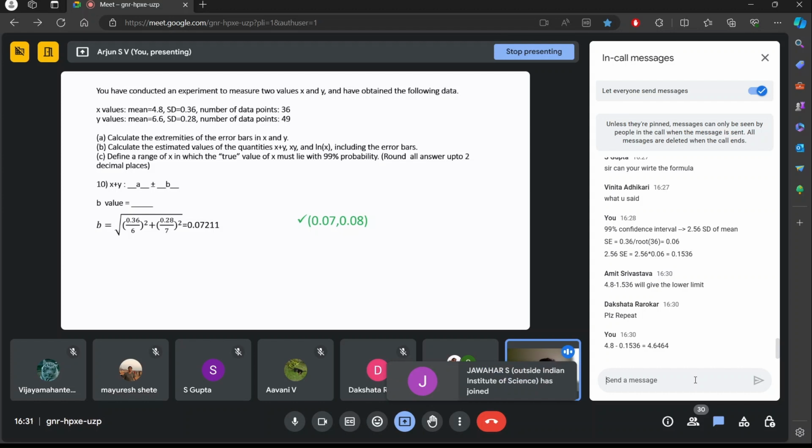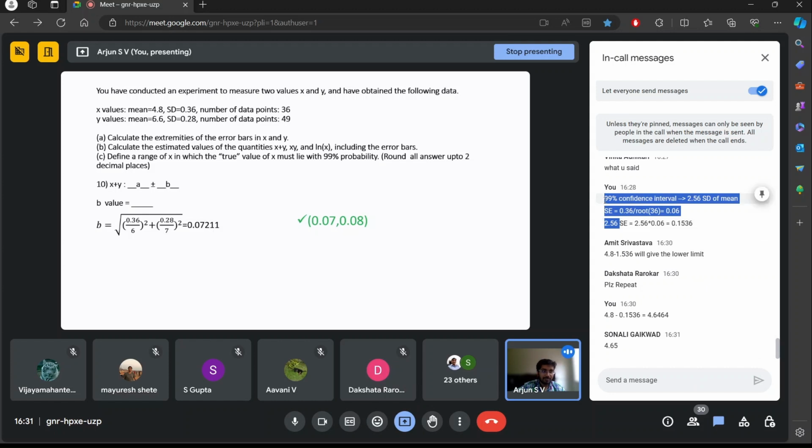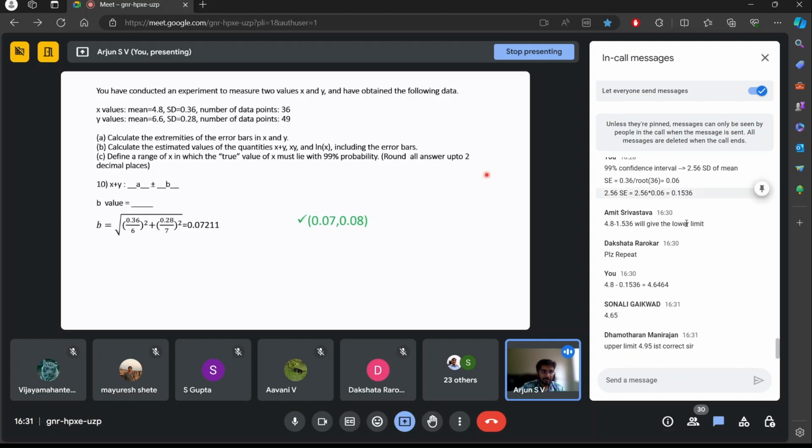First keep in mind that a 99% confidence interval signifies 2.56 standard errors around the mean, and your standard error would be around 0.06. So you must calculate 2.56 times the standard error, which gives you a value. Then your mean, 4.8, plus or minus your 0.1536 value.